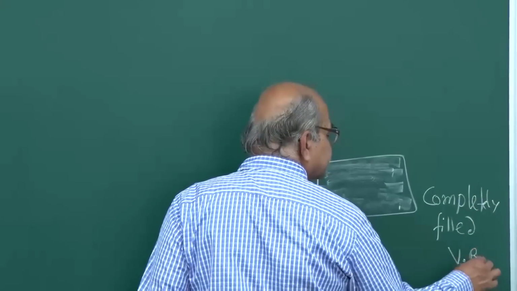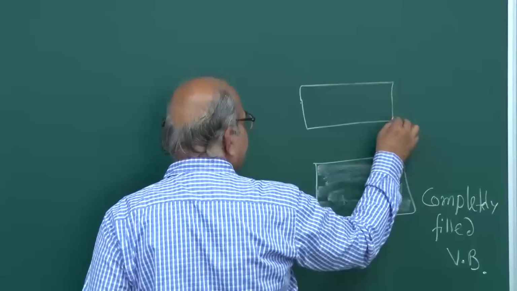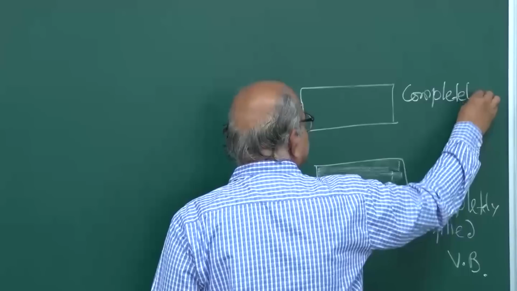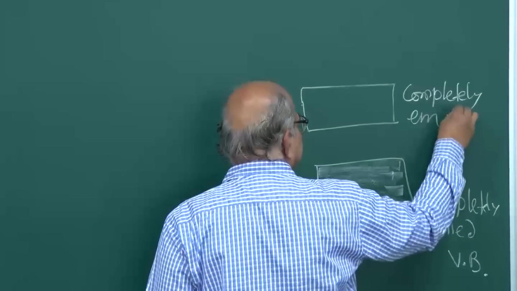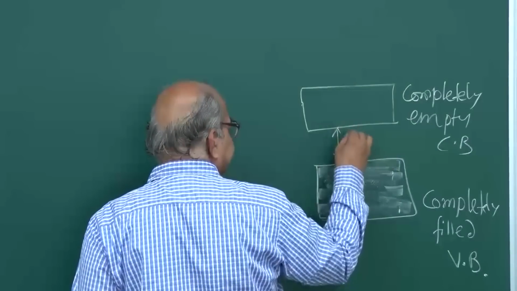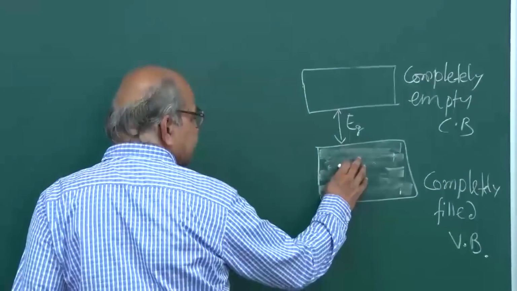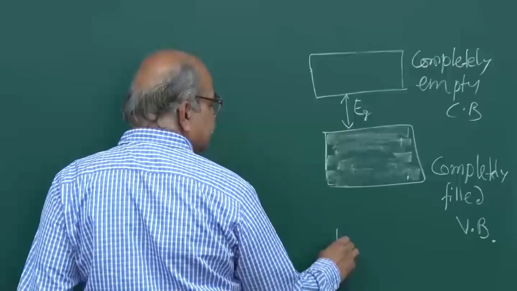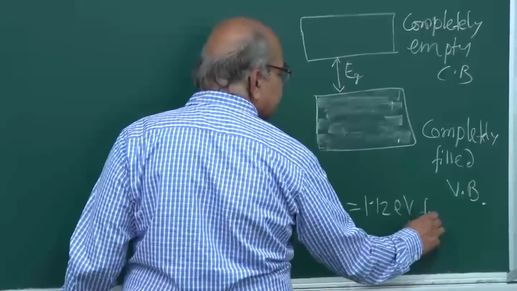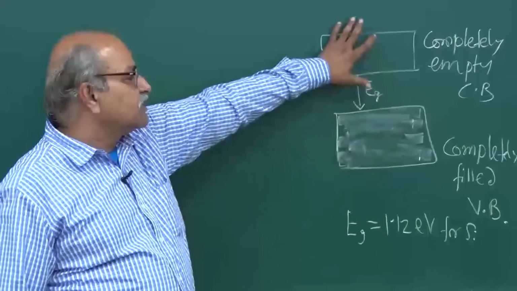And then you have a completely empty conduction band, with a gap Eg. For silicon, you have 4N states here, 4N states here, and Eg is 1.12 eV for silicon.